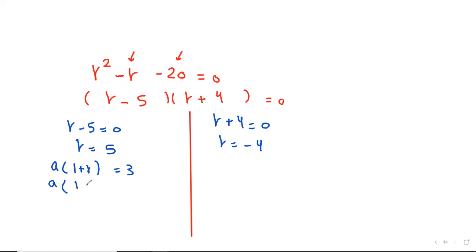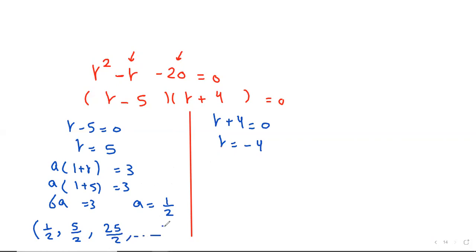So A multiplied by (1 plus 5) equals 3, and A multiplied by 6, 6A equals 3. From that, A equals half. So the geometric sequence will be half the first term, then multiplied by 5 it will be 5 over 2, and multiply again by 5 it will be 25 over 2, and so on.